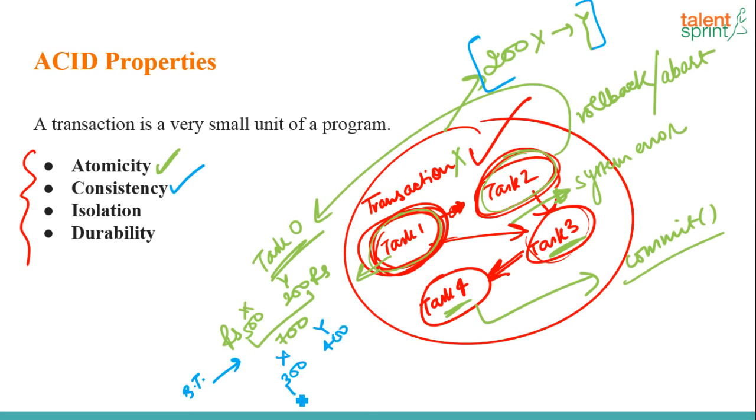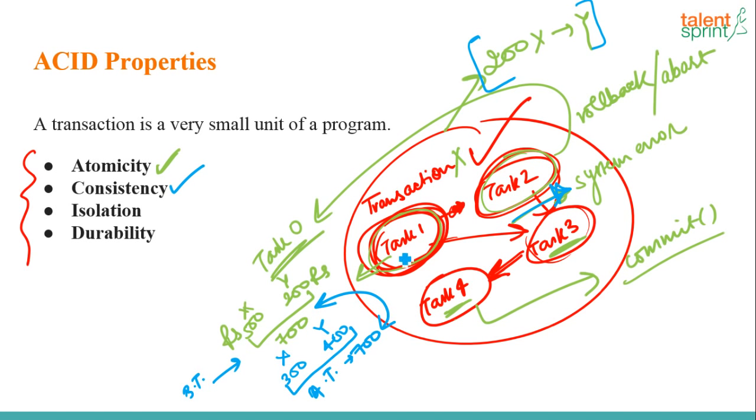Correct? So after the transaction also, the total amount or the state of the database should be the same as the previous. There cannot be any deviation. Say you are transferring, you deducted 200 rupees from X. So X is left with 300. But before you could add 200 to Y, your system crashed. Now that means you are in this middle state, halfway through your transaction.